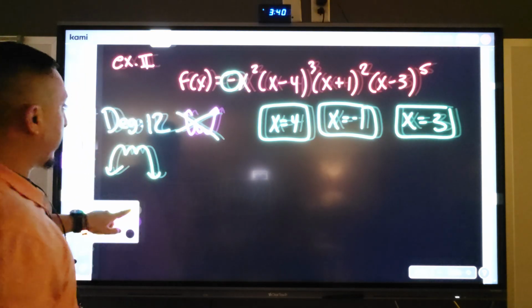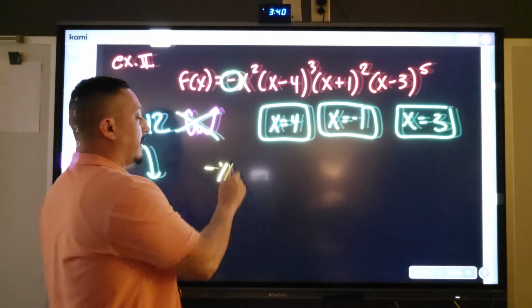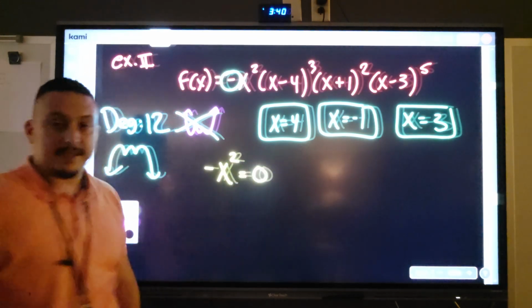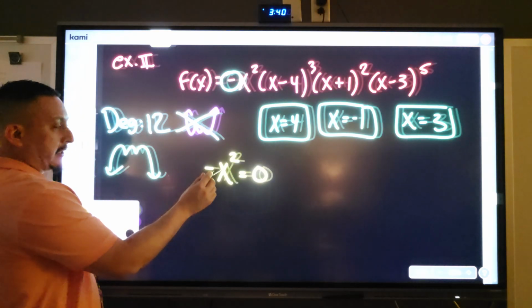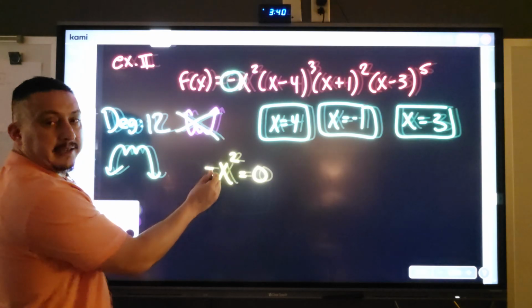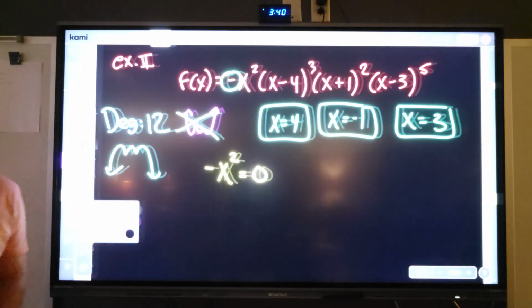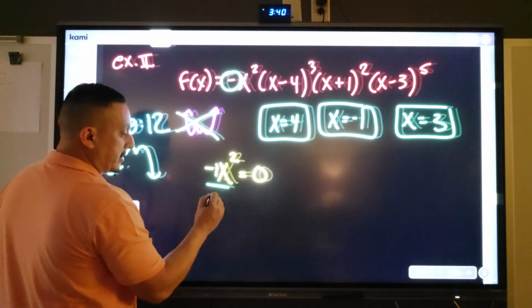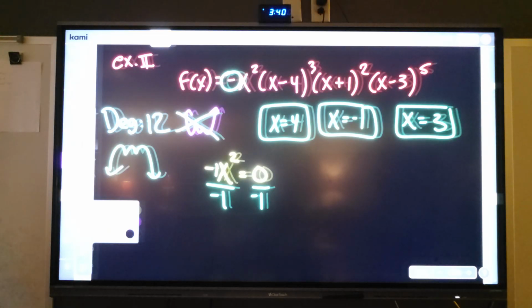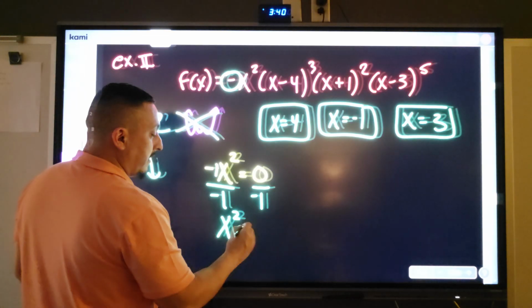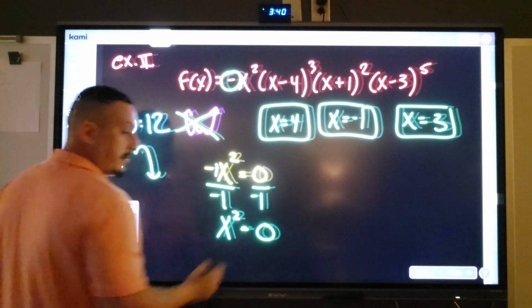Now, I also have this one, negative x squared, so I set that equal to 0 and solve. What number can I square, multiply by a negative, and still get 0? 0. Let's actually solve this. To get rid of the negative, you divide both sides by negative 1. 0 divided by negative 1 is 0.